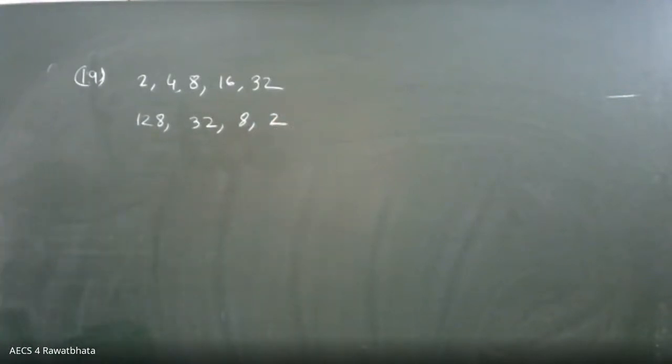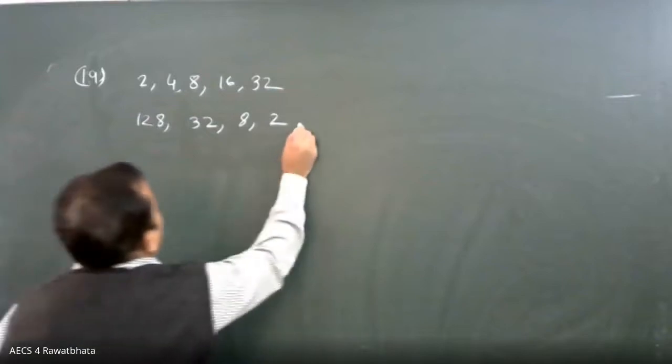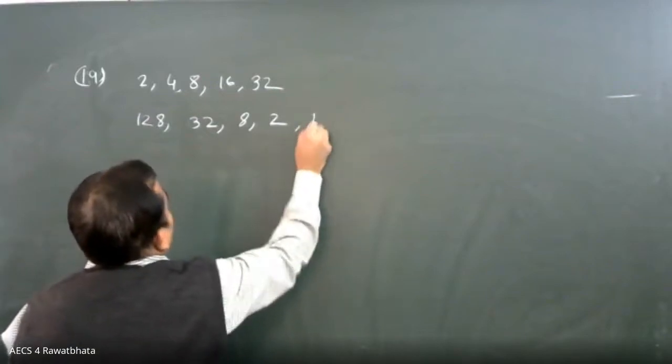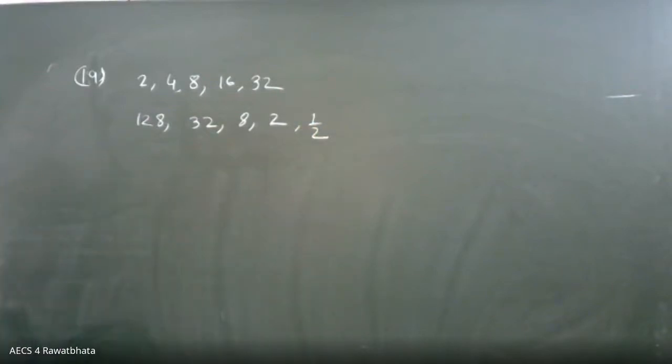So, comma 1 by 2, 5, 1 by 2. So I have to find the sum of the products of these two sequences. It means that we will first find the corresponding terms multiplied. First we'll multiply them and then let us see what will happen.